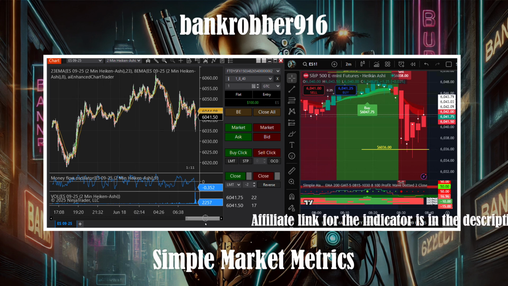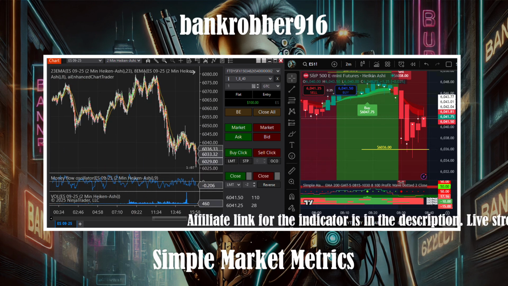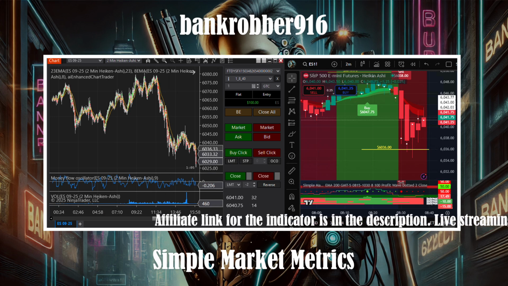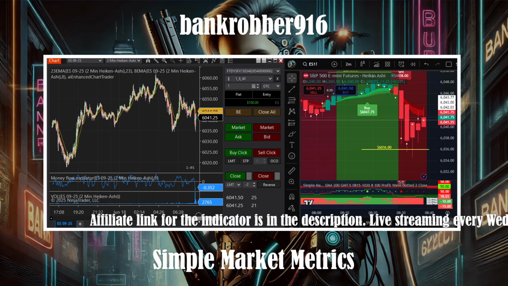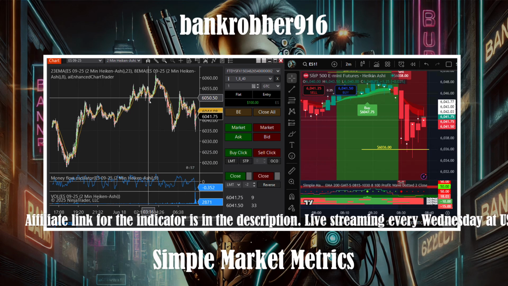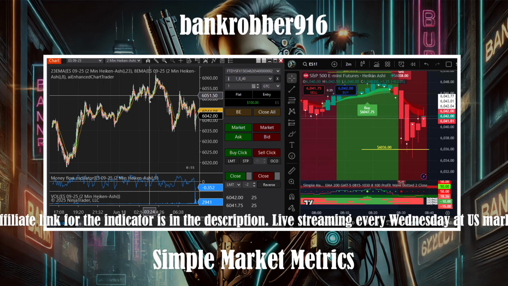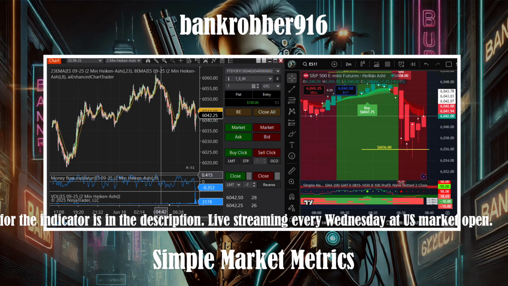Gotta look at the money flow oscillator. Negative, positive, keeps bouncing around. Still down. So we'll see if it breaks this high, 6060.